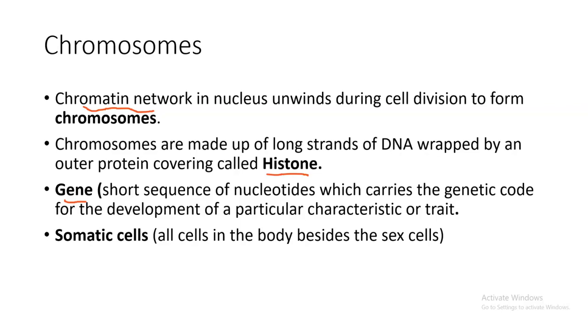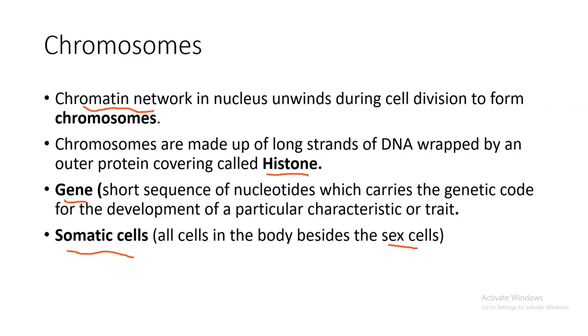I also want to highlight two different types of cells. We've got what we call somatic cells. Somatic cells are the cells which you find in the body, so they are all over the body. But we've got other cells which are called sex cells. Sex cells are the ones that you normally find in your gametes, like the ones that will be forming XX or XY.